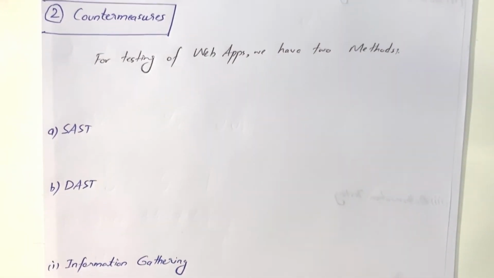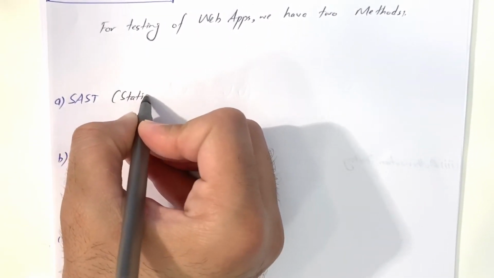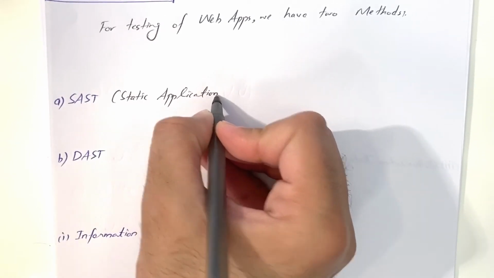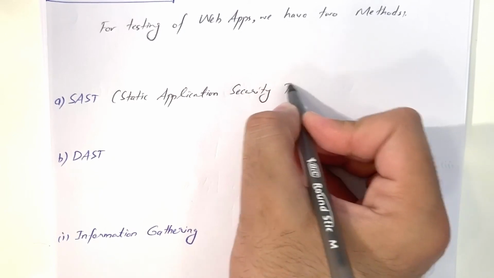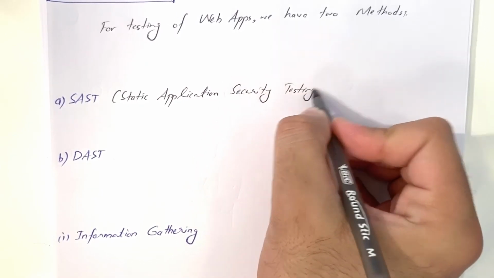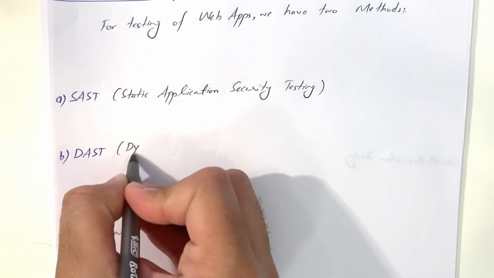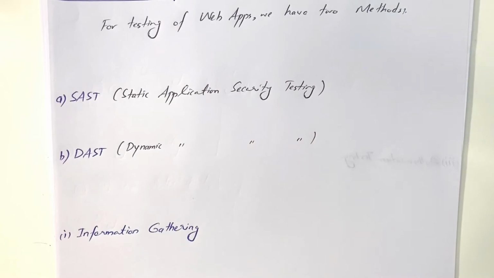The first method is called SAST, or you can call it static application security testing. And the second method is called DAST, which is dynamic application security testing, the same thing.